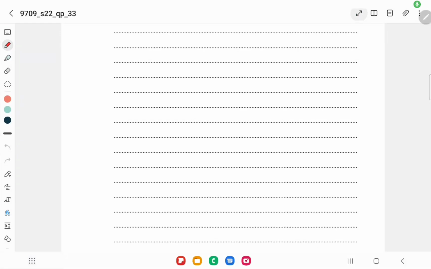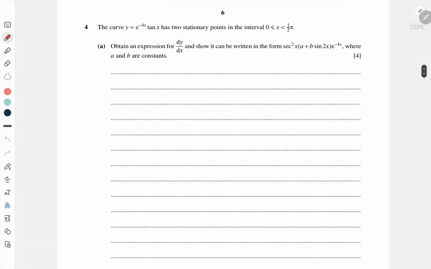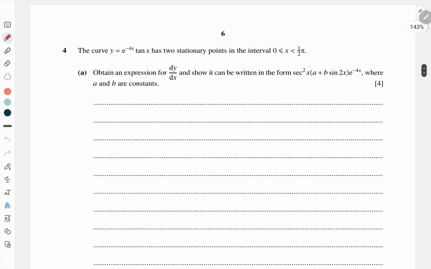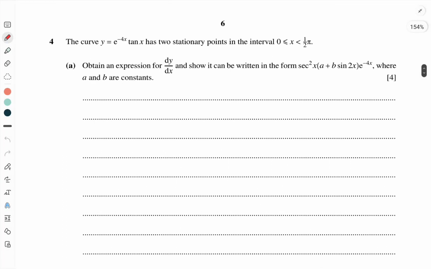All right, so the next question, number 4. The curve y is equal to e to the power of negative 4x tan x has two stationary points. So that's key there, two stationary points. And they are in the interval between 0 and pi over 2.